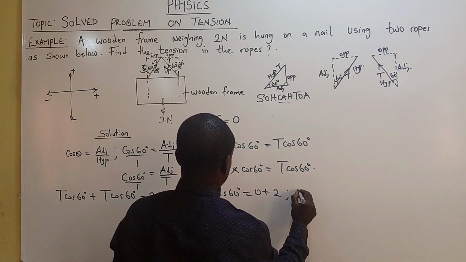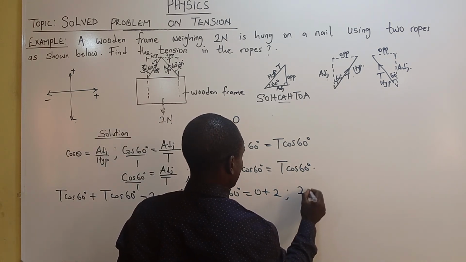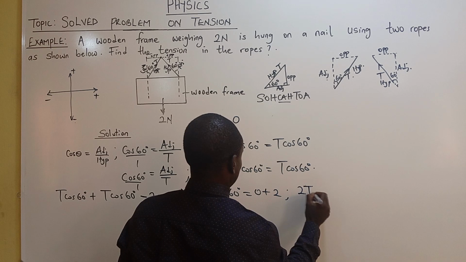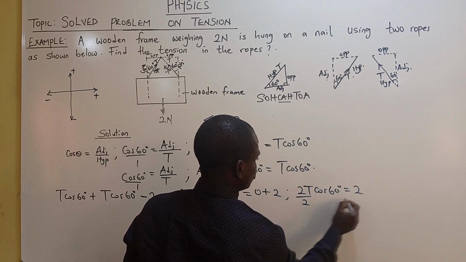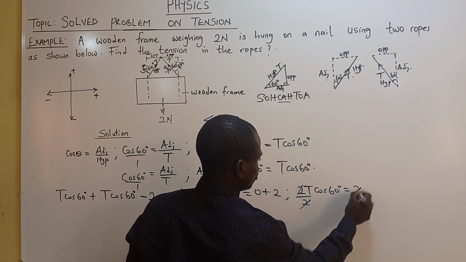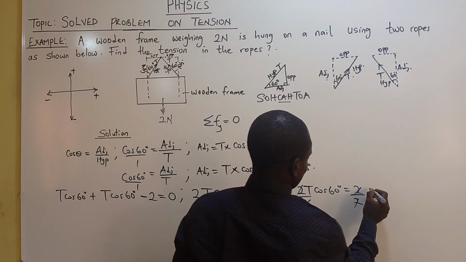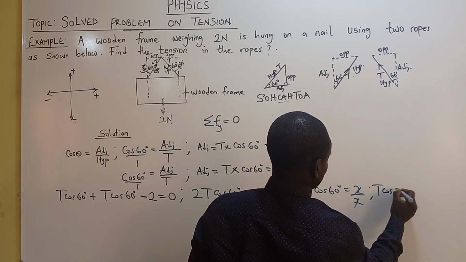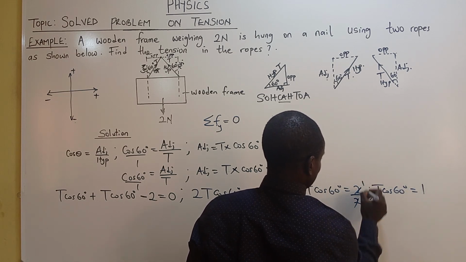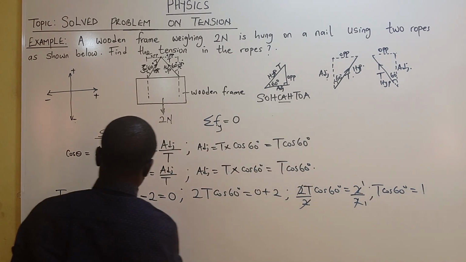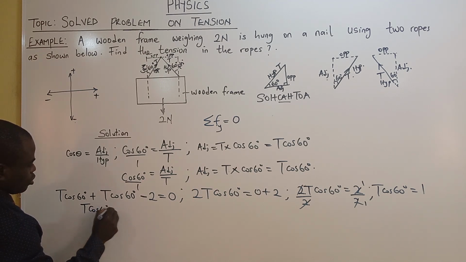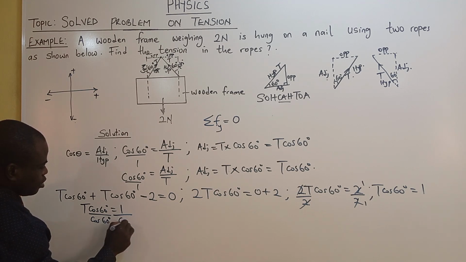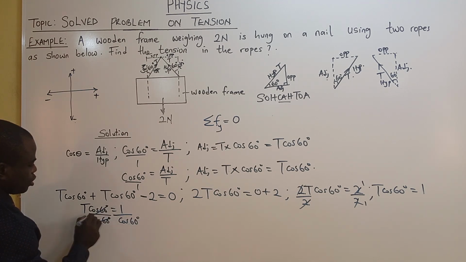You now have 2T cos 60 degree equals 2. Divide both sides by 2, the 2 cancels 2. You now have T cos 60 degree equals 1. Divide both sides by cos 60 degree, they cancel each other.